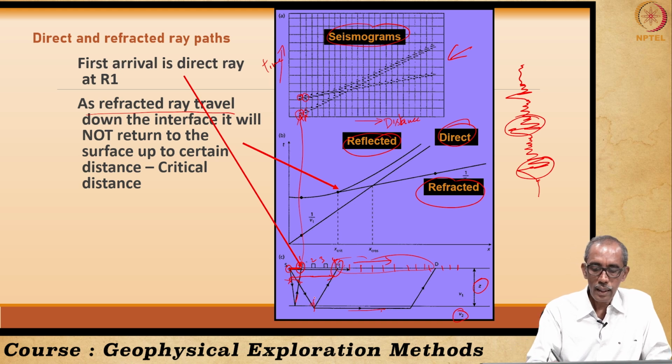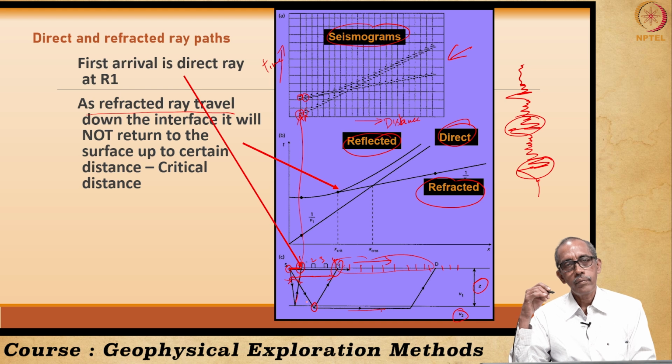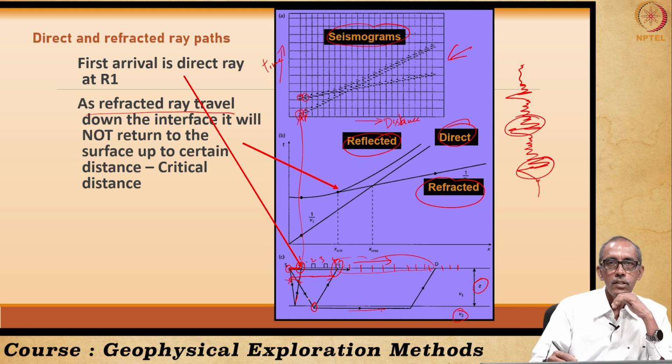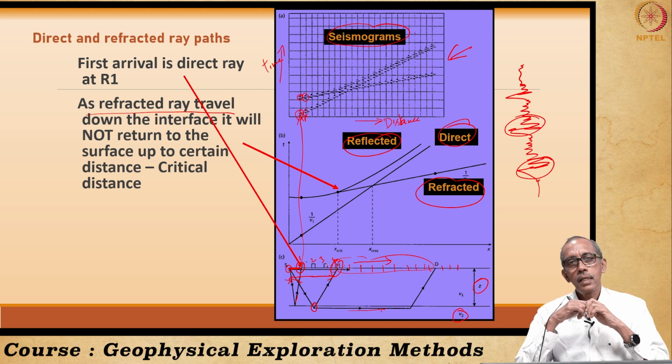The thickness of the layer is such that the shock waves could meet the first interface for internal refraction only at this location. That means only at this point it is able to meet the interface at the critical angle. Is that clear? Since it is meeting only at this place at the critical angle, this is the first geophone to hear the refracted signals.